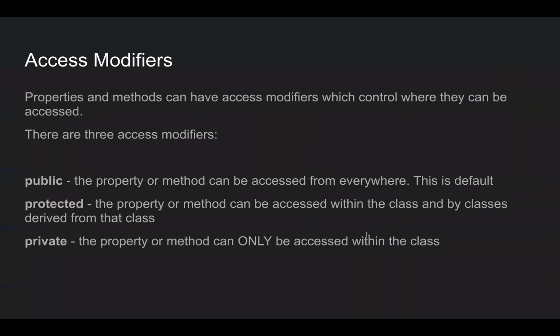So just again to recap, public modifiers: the property or the method can be accessed from everywhere, from the object that instantiated them, from the class that inherited them. We'll talk about inheritance later. Then we have protected. A protected property or method can be accessed within the class and by classes derived from that class.